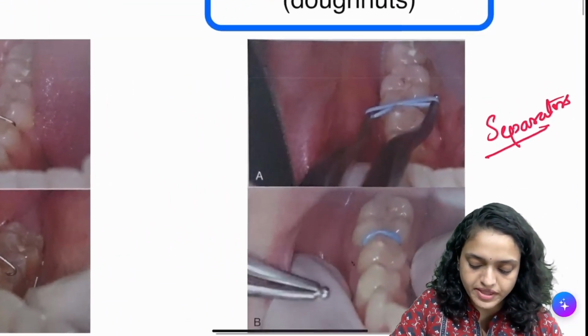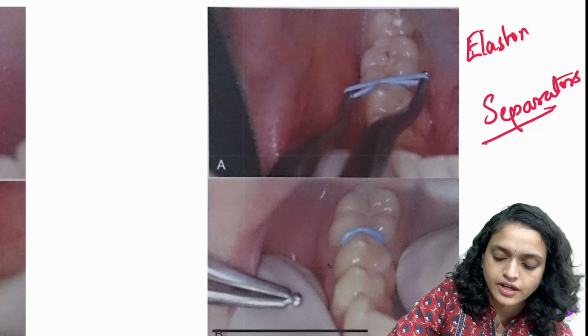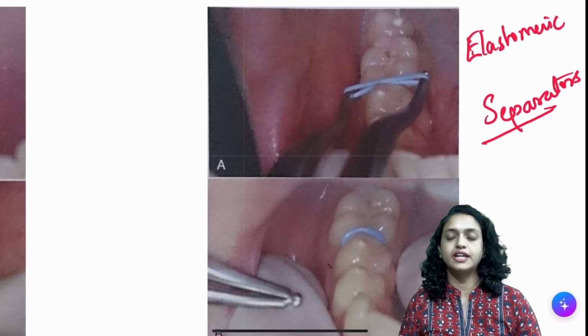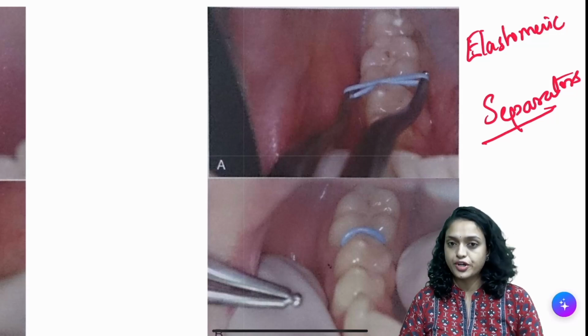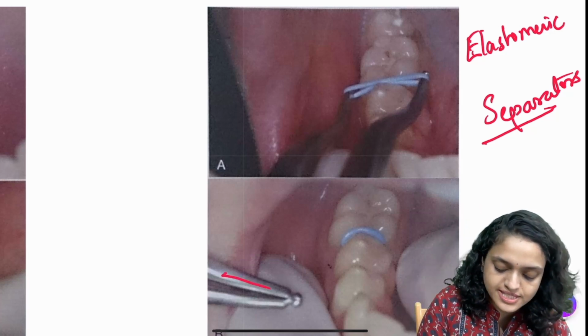One of the common methods used is an elastomeric separator. If you have seen during your UG days or whenever you have seen any patient, you would have placed a separator, or at least a few of you would have. This is the separator placing forceps that you can see here.